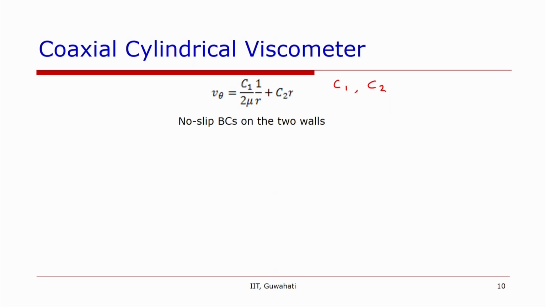To find these, we need two boundary conditions, and these will be the no slip boundary conditions on the two walls.